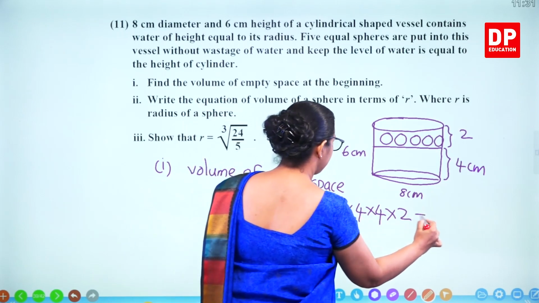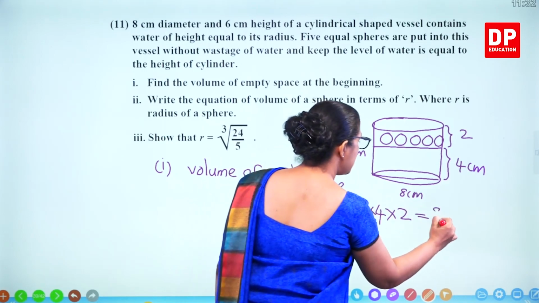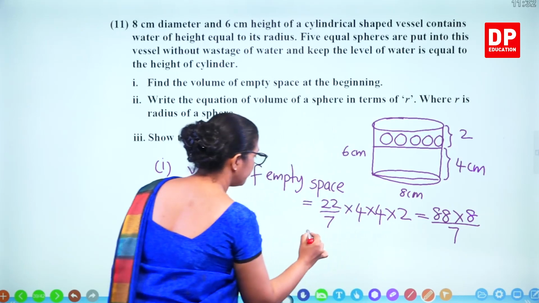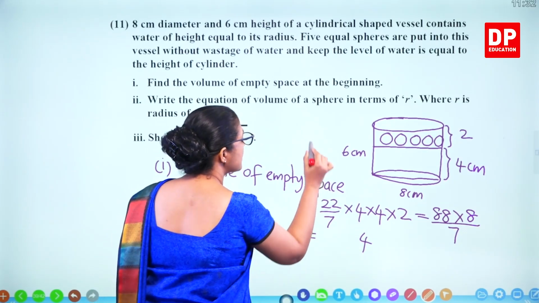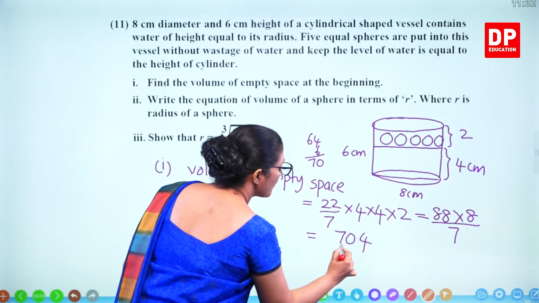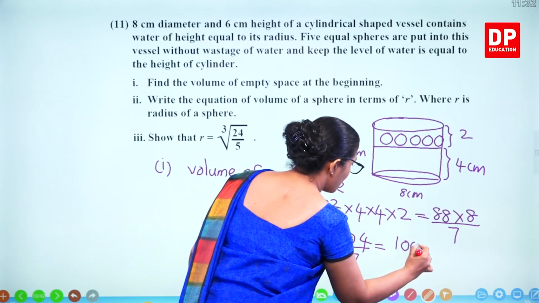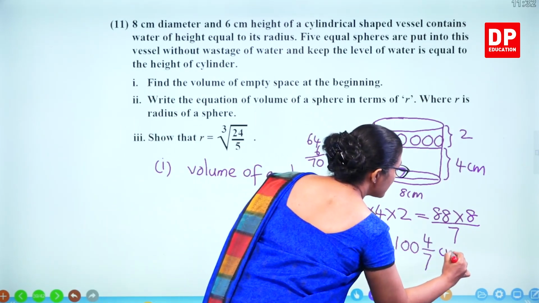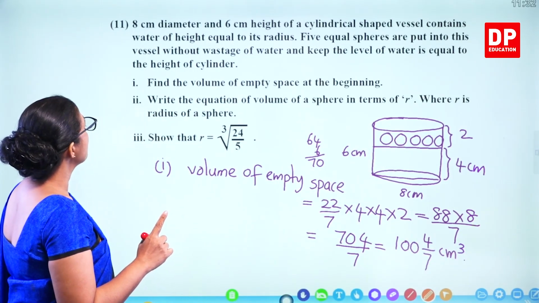So you get 4 times 22, 88 into 8 over 7. 64 and 64 plus 6, 70 over 7. So that means 704 over 7 cubic centimeters. That's the volume of empty space.